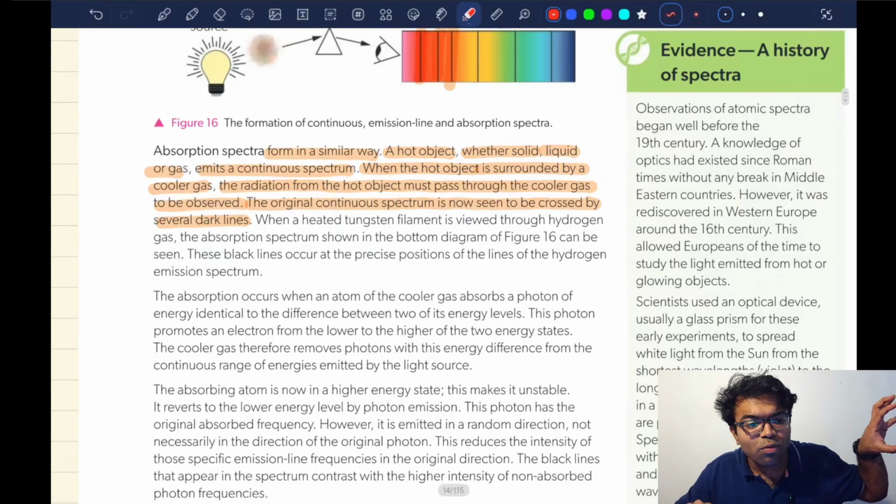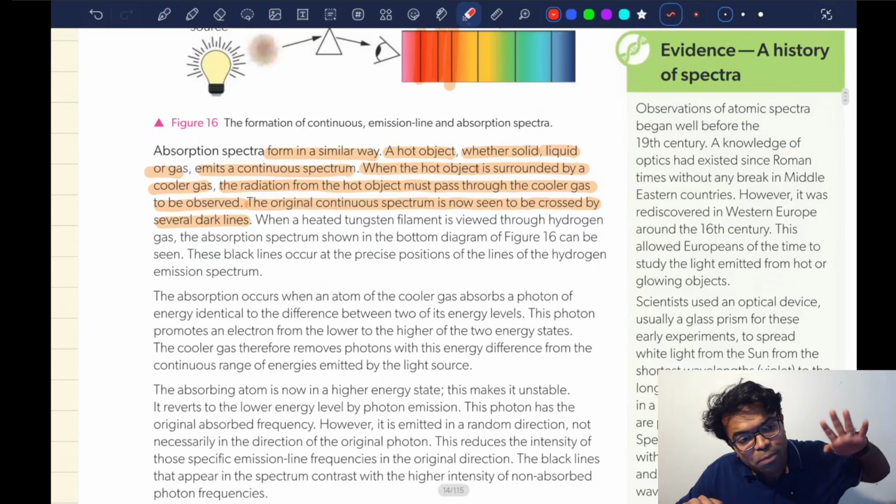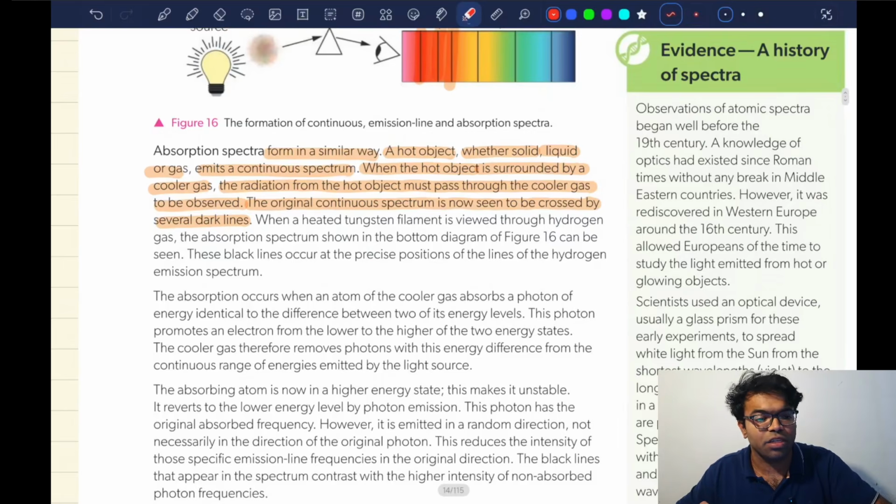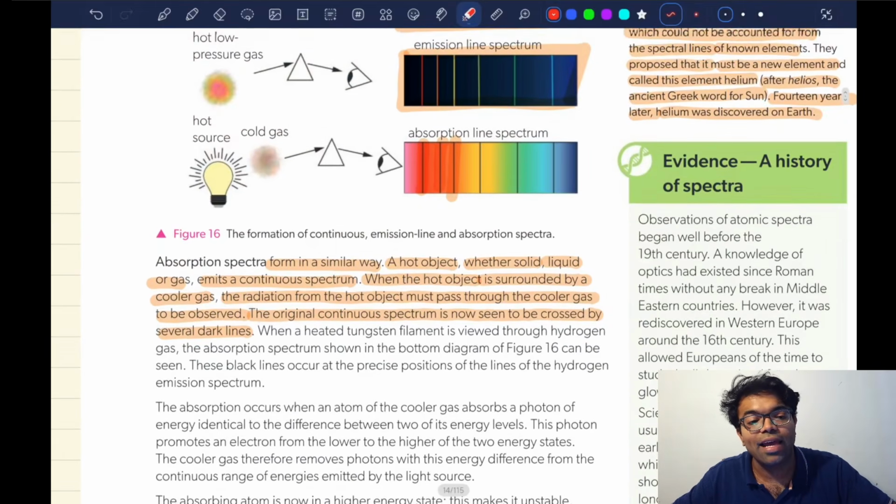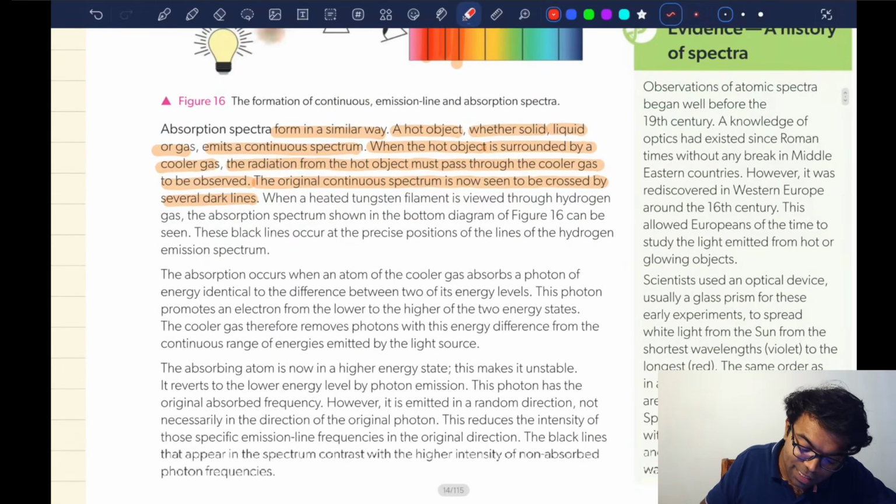So the light that was coming from tungsten, when it passed through the molecules of hydrogen, what you observed was that the electrons present in the molecule of hydrogen got excited. They went to a higher energy level, and when they went to this higher energy level, they required some amount of energy, and that energy was taken in from this colored spectrum. Okay, from this colored spectrum some amount of energy was taken, and that is the black lines that you see here. Okay, these dark lines that you see here.